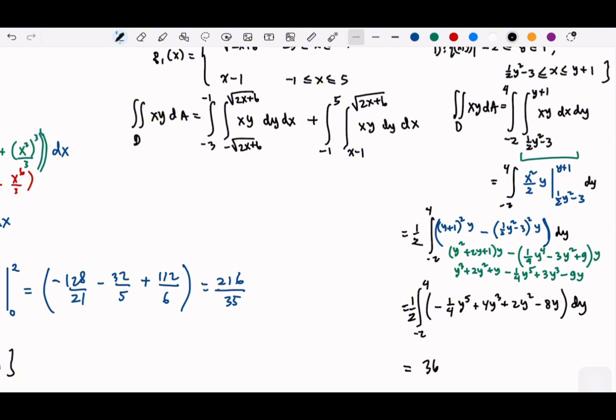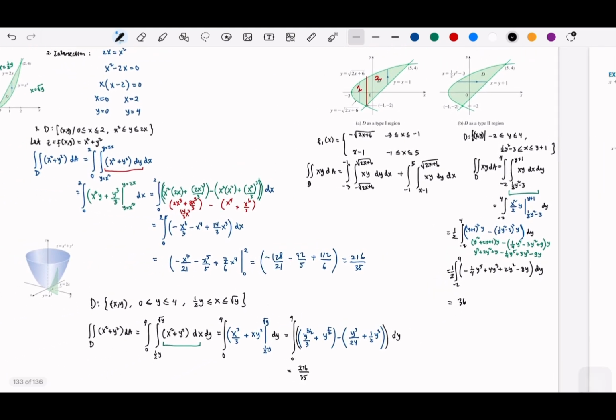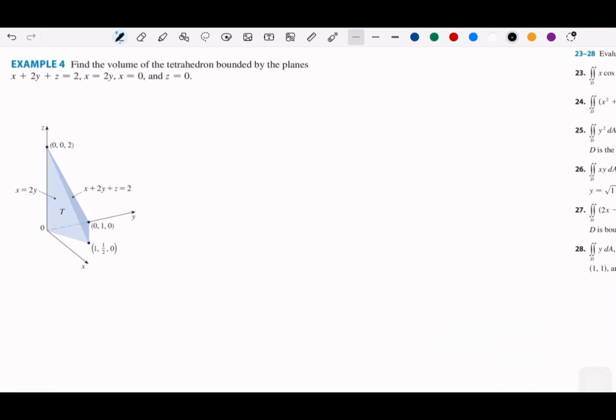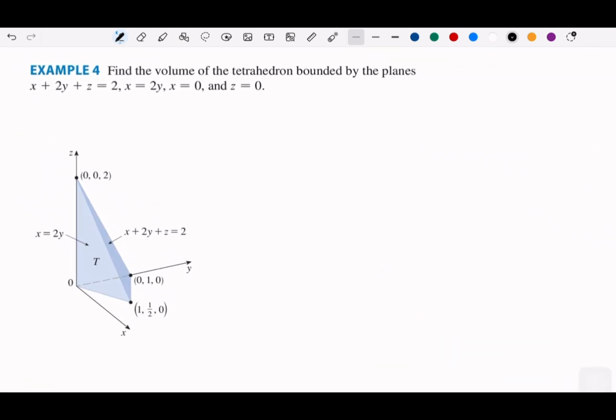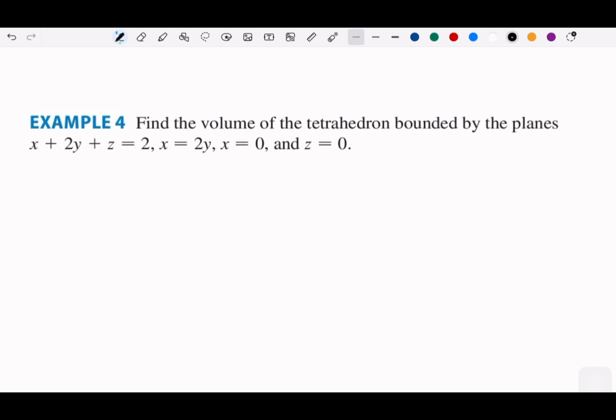Okay, next one, I think the last example for this part, because we have some other exercises as well. The next example already has the picture, but suppose that we only have this question: finding the volume of the tetrahedron.